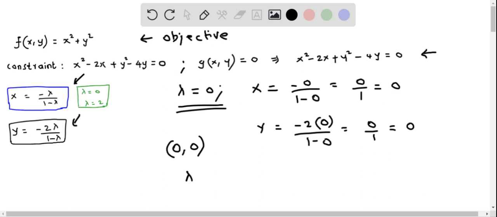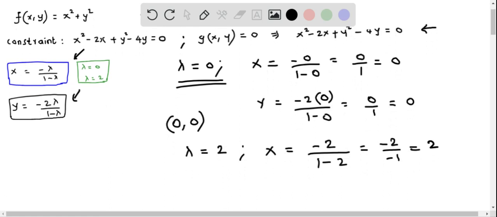And now we will find another point using lambda equals 2. Similarly, we plug lambda equal to 2 into the equation, that is x equals negative lambda, that is negative 2, divided by 1 minus lambda, which is 1 minus 2. So in the numerator we have negative 2 divided by 1 minus 2, which is negative 1. So this gives the value of x is 2, and we plug into the equation for y.